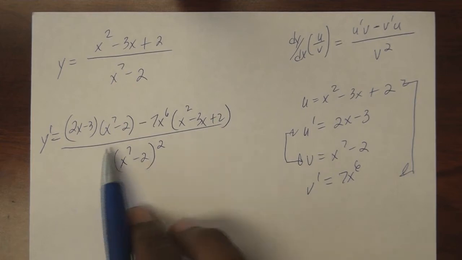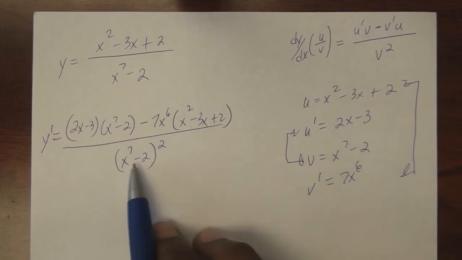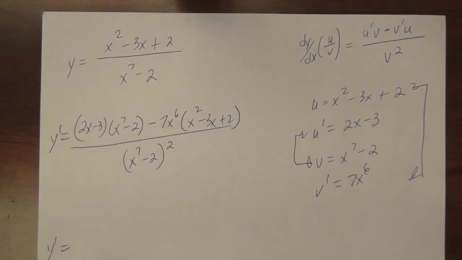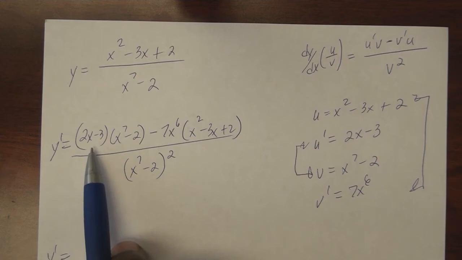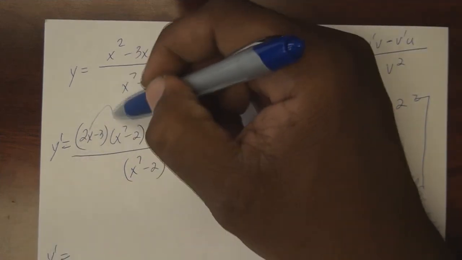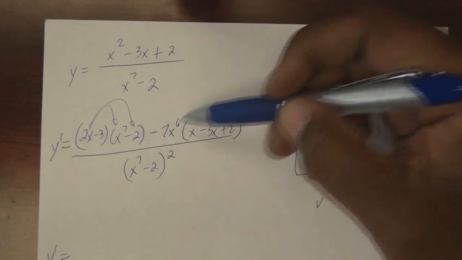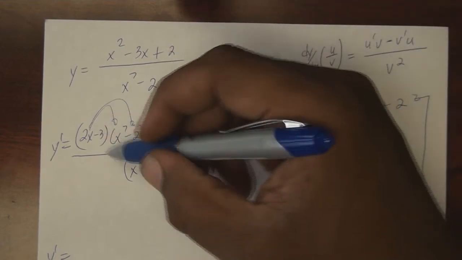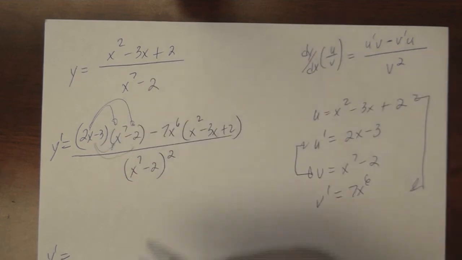Next, we'll simplify the numerator, and we'll leave the denominator in this particular form. So in the numerator, I use the distributive property, and I'll distribute 2x by every term in that second factor, and I also distribute negative 3.